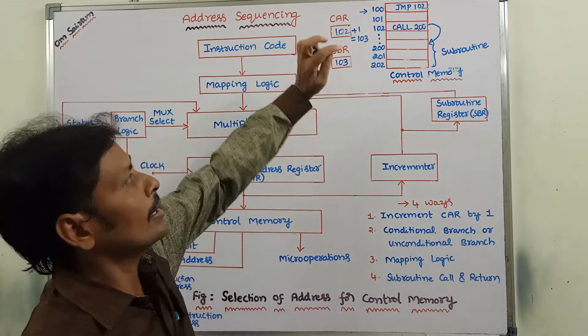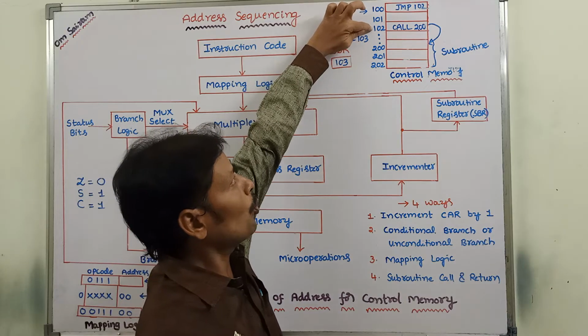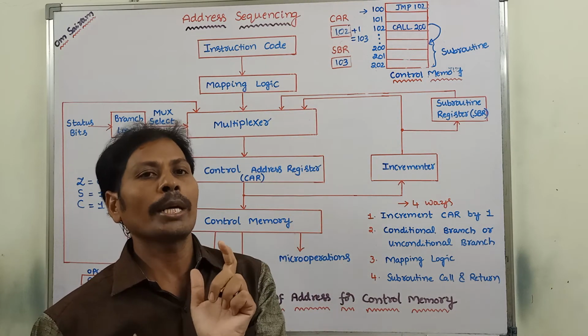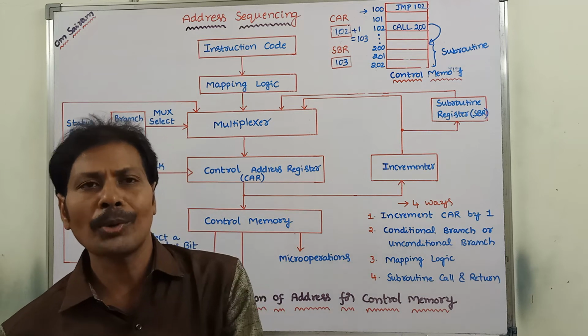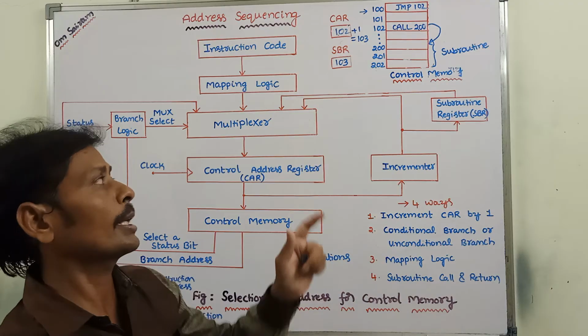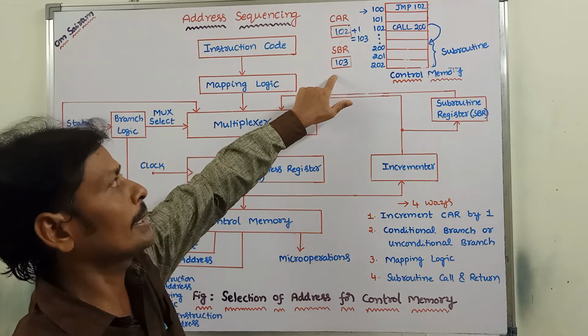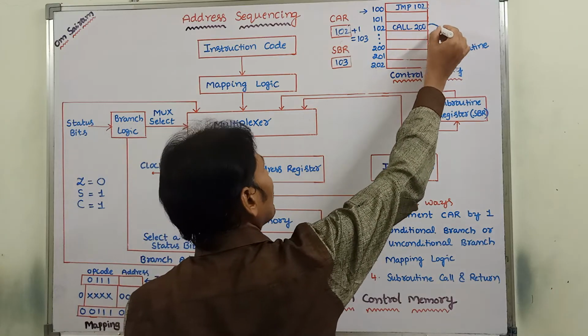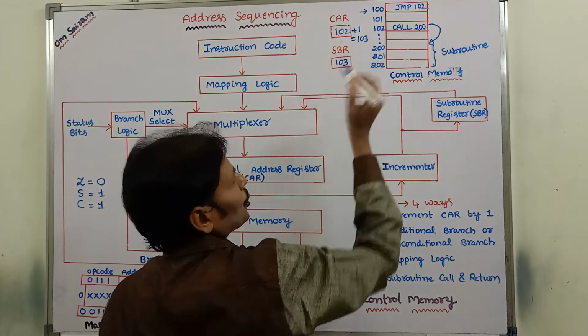The return address is nothing but 102 plus 1. While executing the 102 instruction, what is the next micro instruction address? 102 plus 1, that is nothing but 103. The subroutine register contains 103. After that, the control immediately transfers from 102 to 200.